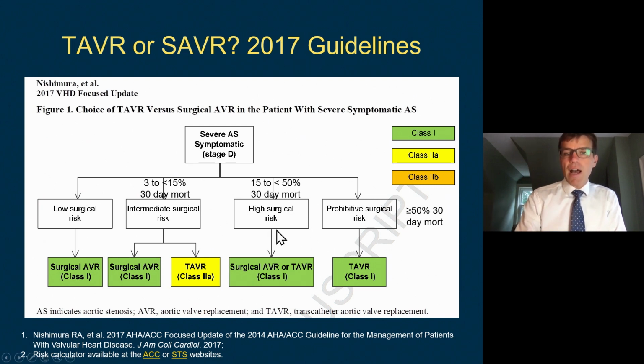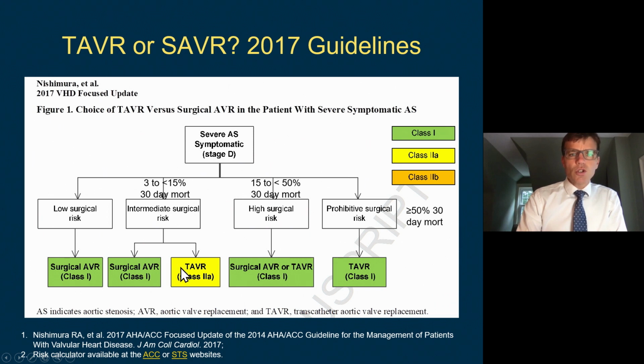If patients have high surgical risk, and this typically means a 15 to 50% 30-day mortality, so sick patients who are unlikely to do well with surgical AVR, we increasingly, I think, tend to hedge towards TAVR in this group of patients if it's, again, technically feasible.